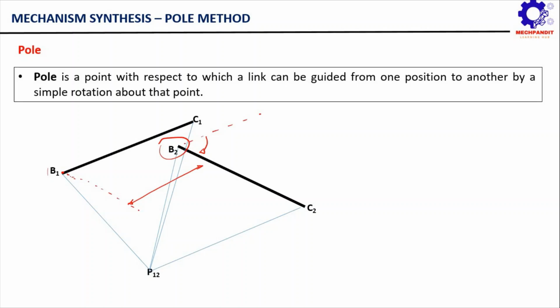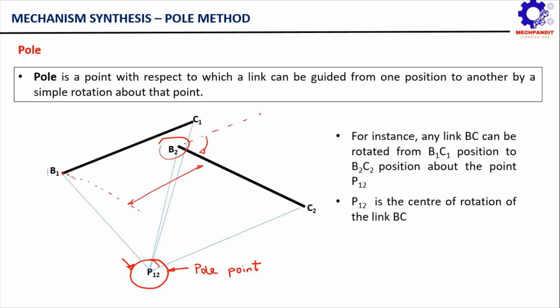However, if we locate or define a point P12, so that this link B1C1 can acquire this new position B2C2 by a simple rotation about this point P12, then this point P12 is called a pole point.